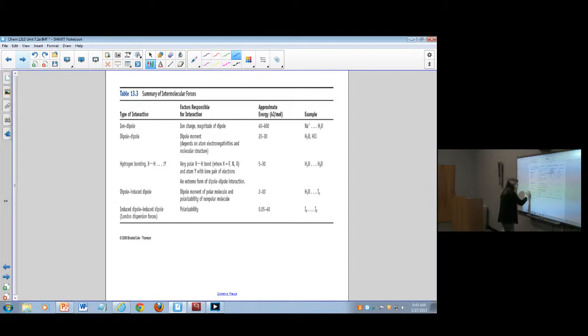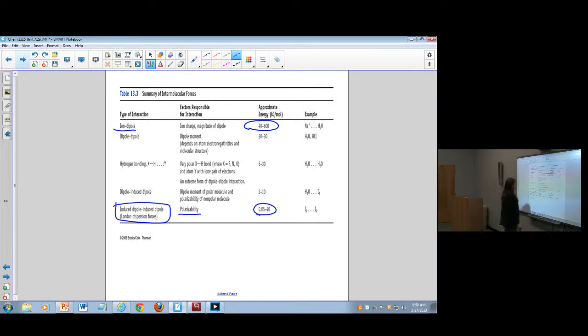Okay, so induced dipole, caused by polarizability, has very, very weak energies, approximately 0.05 to 40 kilojoules per mole. Compare that to the ion dipole, which has really high energy, 40 to 600 kilojoules per mole.